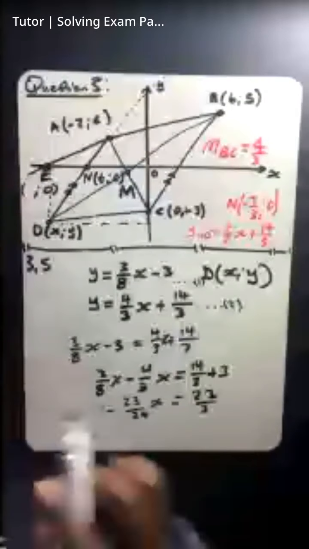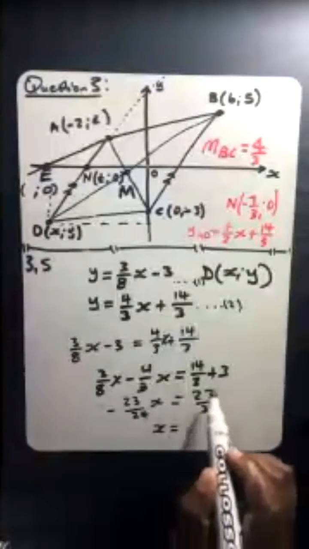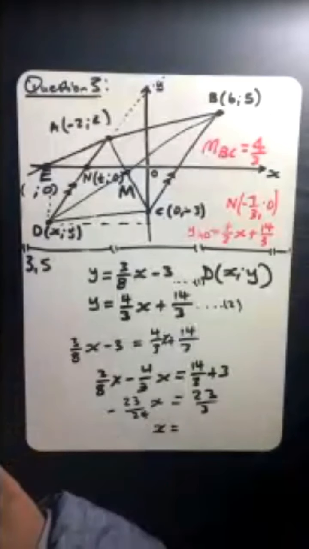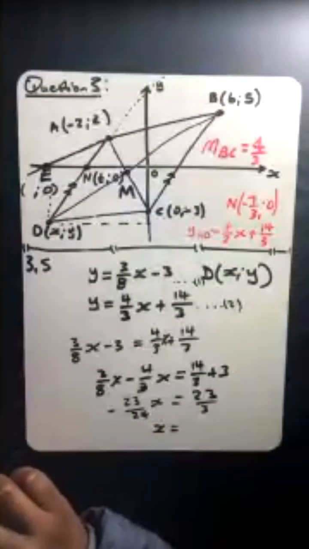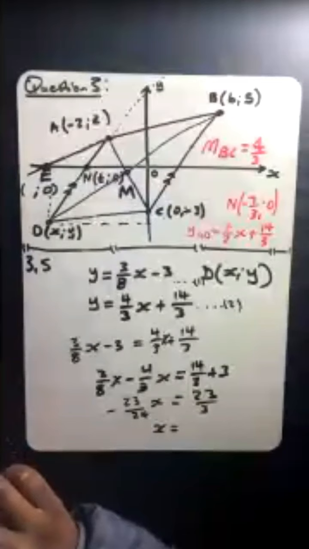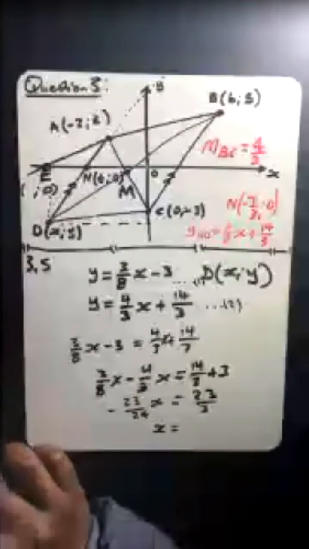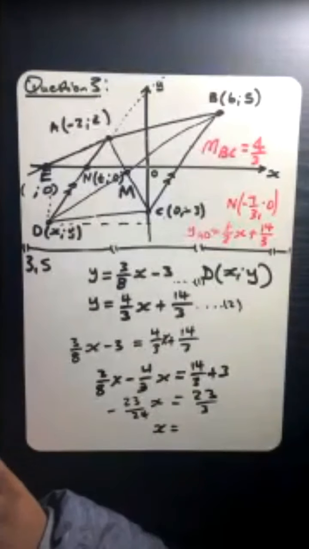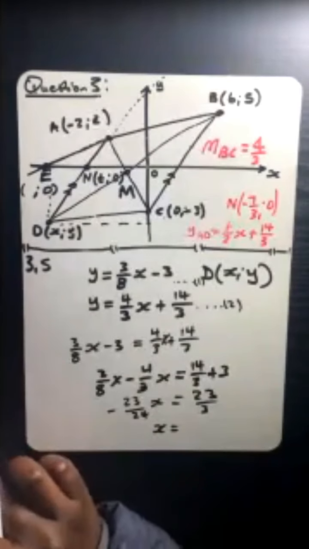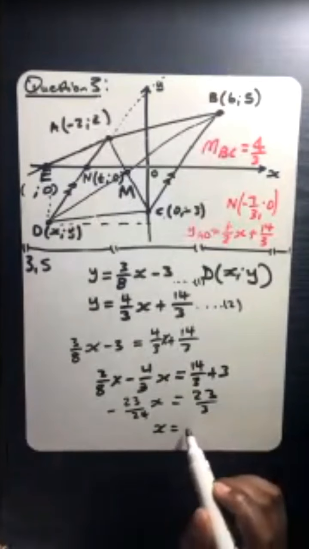X being a negative value, then x equals 23/3 divided by -23/24. I'm getting -8.